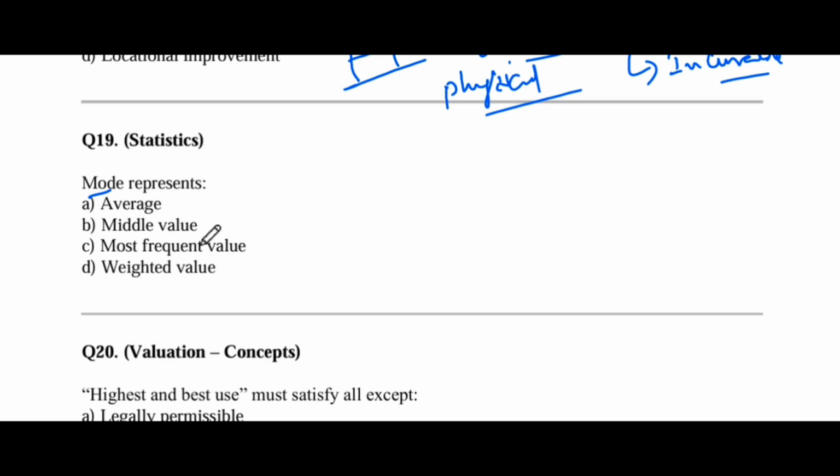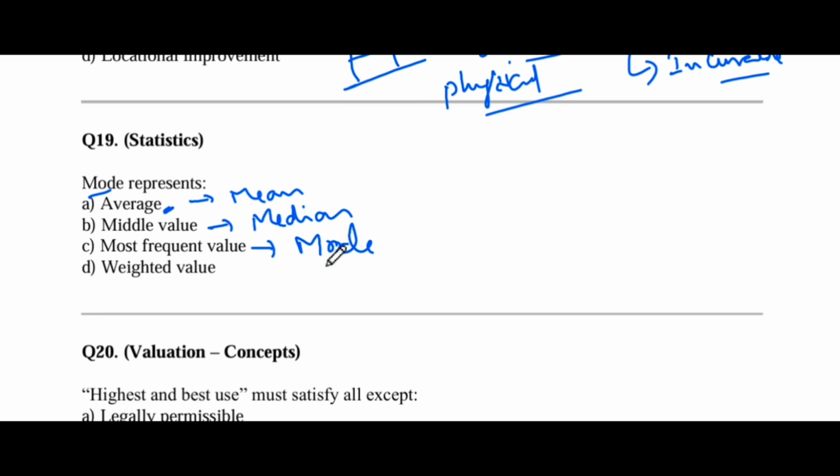Mean means average. And median is the middle value. Average refers to mean. Middle value refers to median. So most frequent value will be mode.